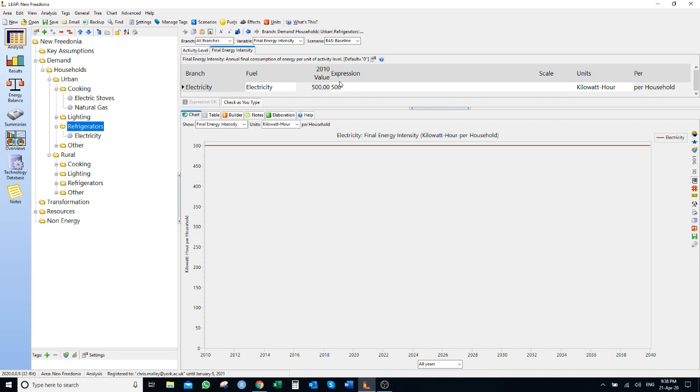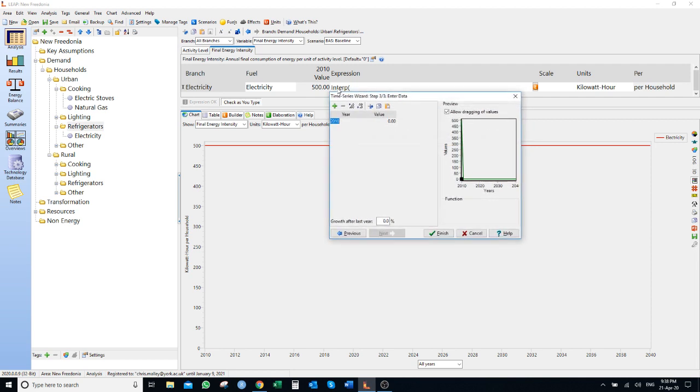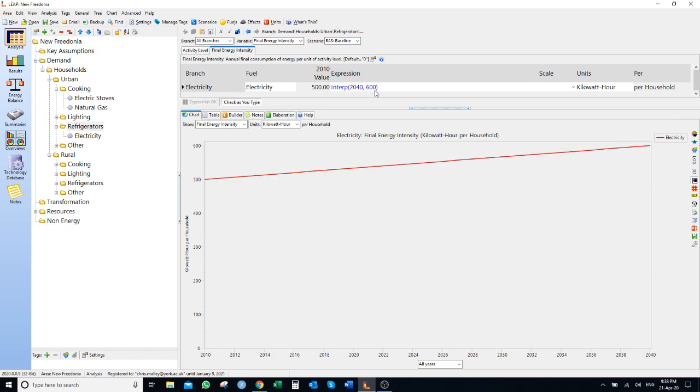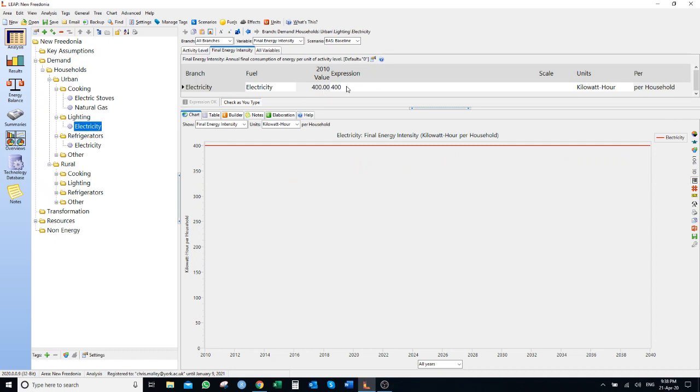So it was 500 kilowatt hours in 2010, 2040, 600. Similarly, annual lighting intensity increases to 500 kilowatt hours per household in 2040. So in lighting, we're at 400, and that's going to increase to 500.